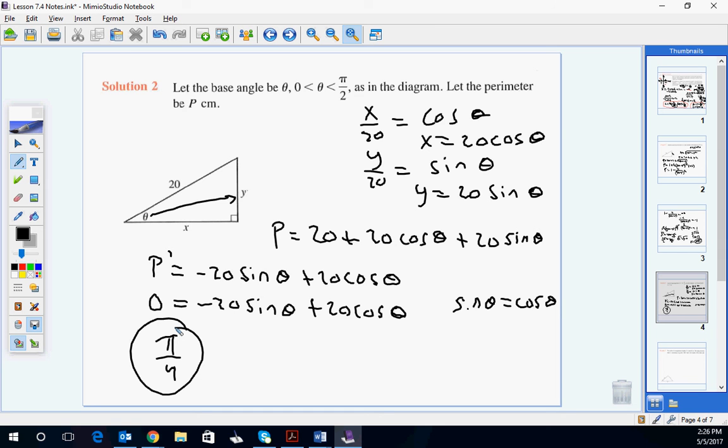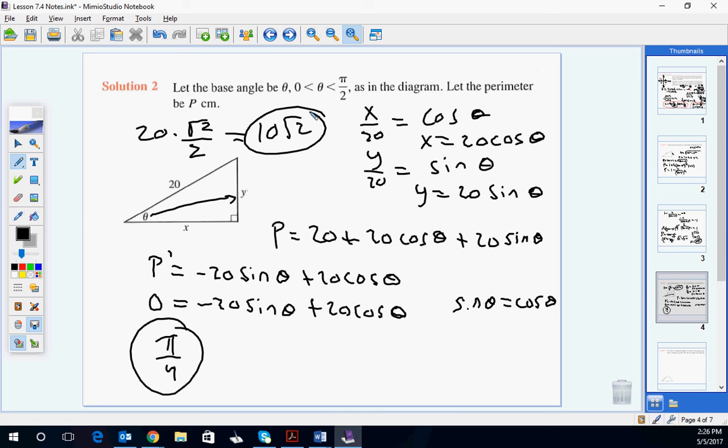So if I put pi over 4 here, let's do this really quickly. What's 20 times root 2 over 2? Jared, can you do that for me? It's probably going to be 10 root 2. 20 times root 2 over 2. 20 divided by 2 is 10. My point is we should get the same answer.